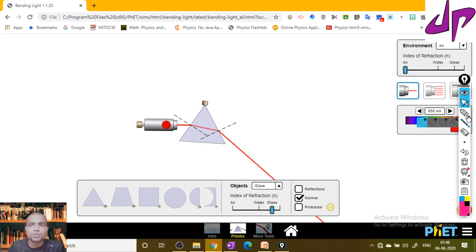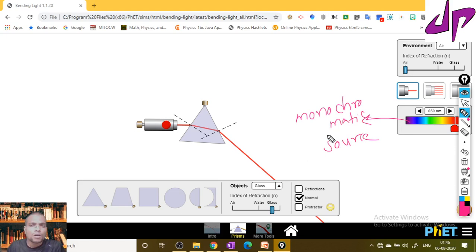So that's why this source we term a monochromatic source, containing only a single color of light, or in simple words it is also known as a laser. So the monochromatic source is also known as laser. Now this is the property of refraction.